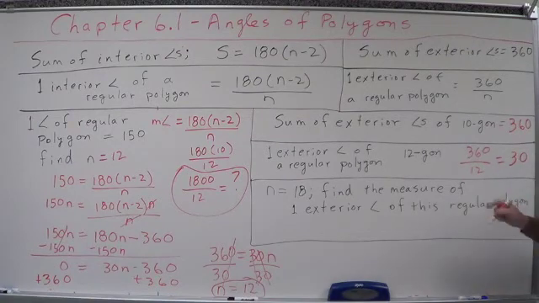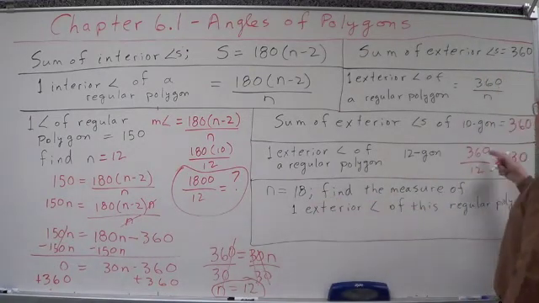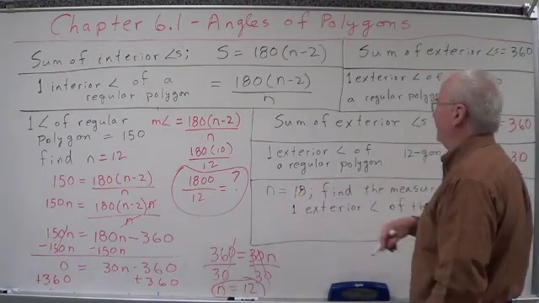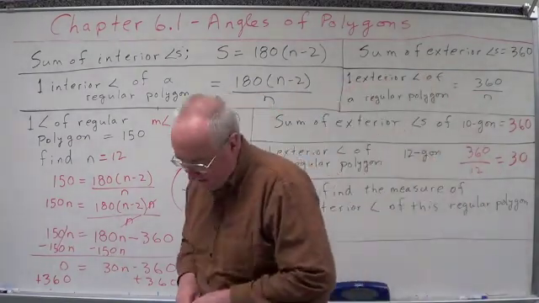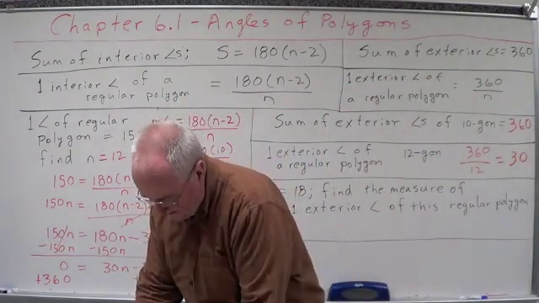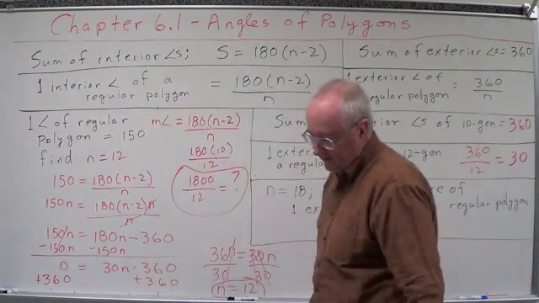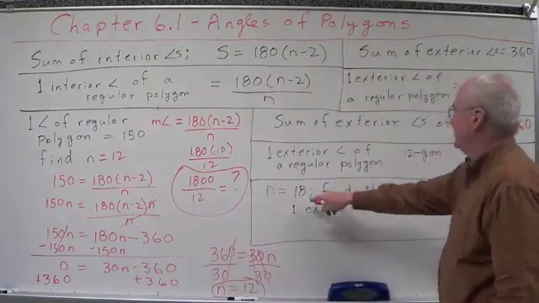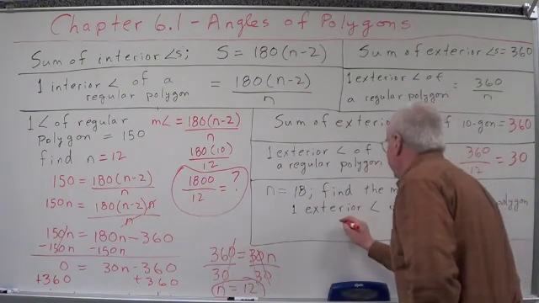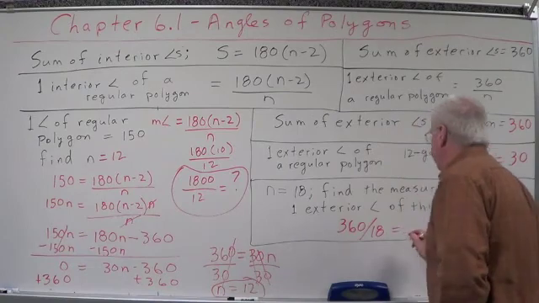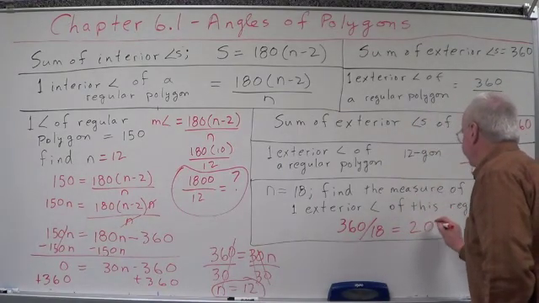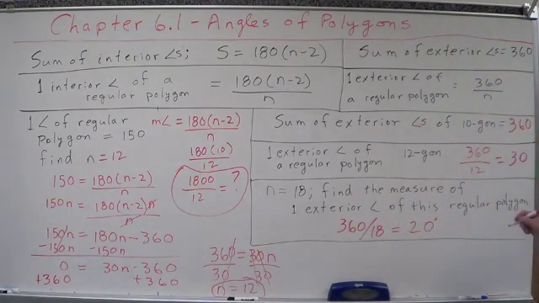Now I want to find the measure of one exterior angle. I know that n is 18, so we take 360 divided by 18 equals 20 degrees. The sum of the exterior angles is 360 degrees.